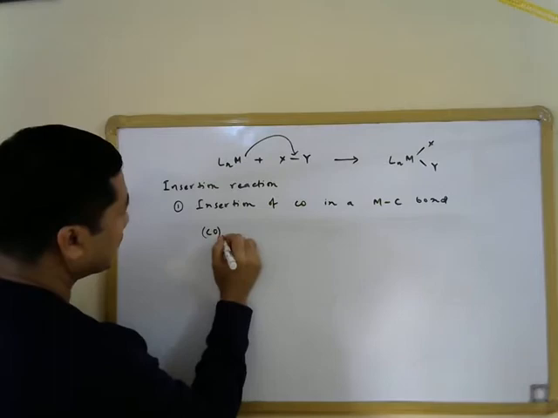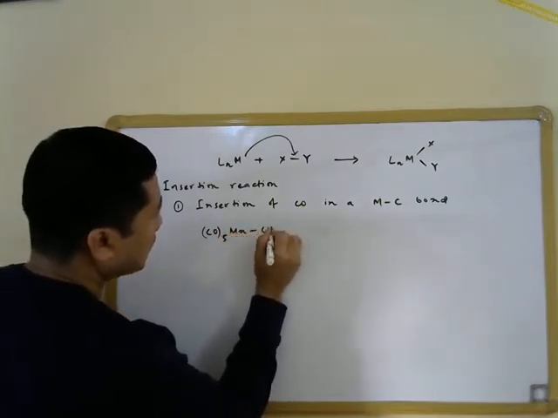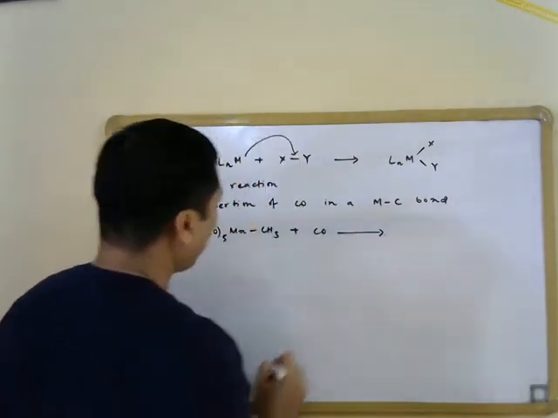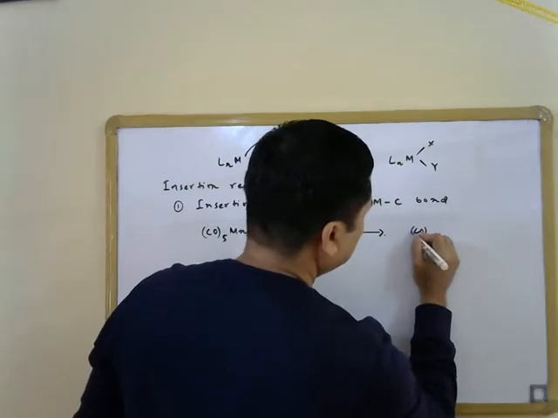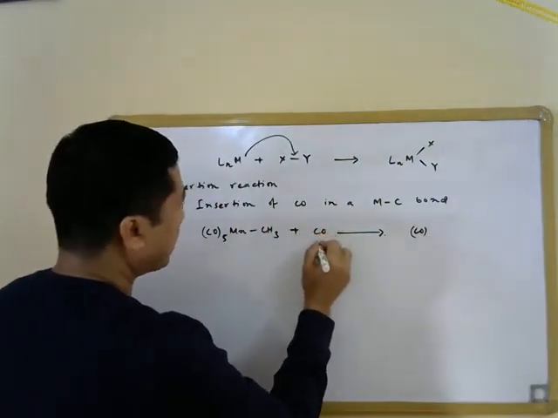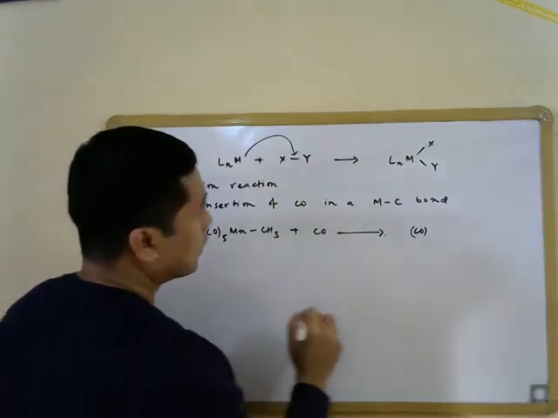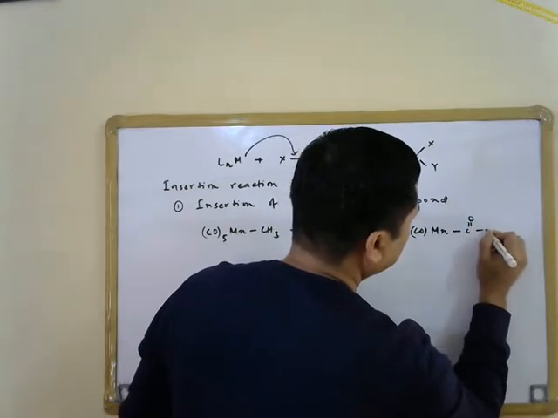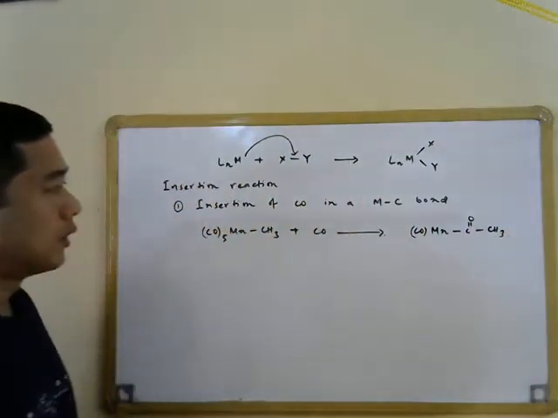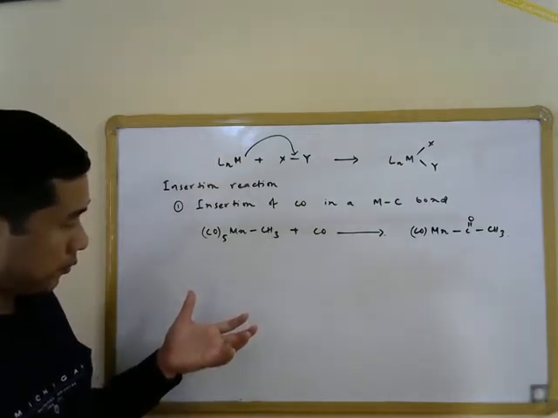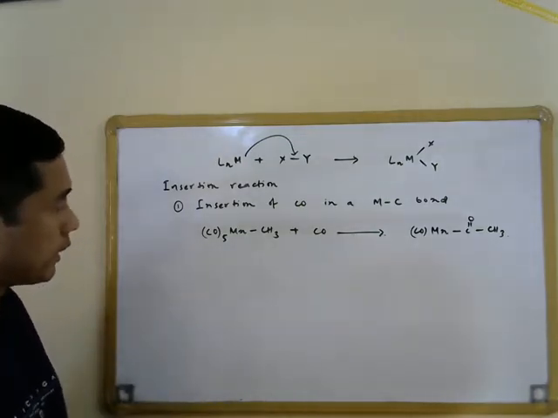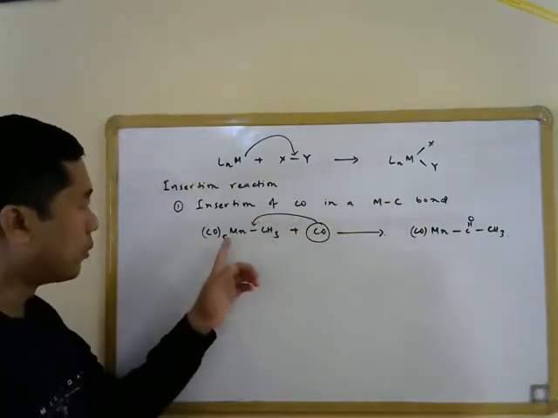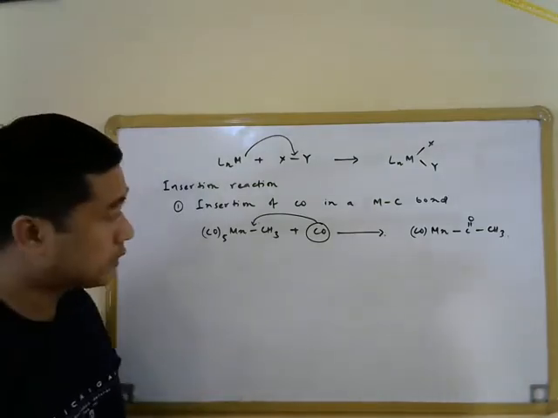If one starts with this and does a reaction with carbon monoxide, the product that we obtain is where carbon monoxide gets inserted into this metal to carbon, that is Mn-CH3, bond. So what we can initially predict is that in this reaction, carbon monoxide essentially gets inserted into this metal to carbon bond, and that is why we call it an insertion reaction.